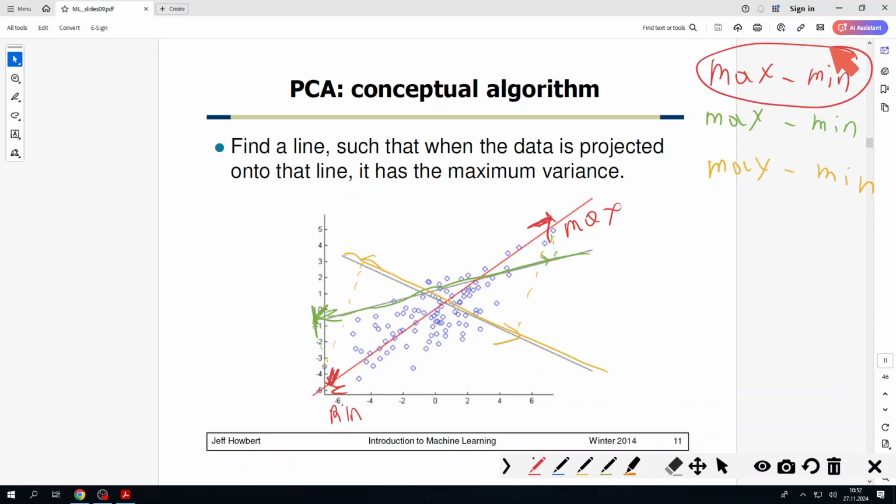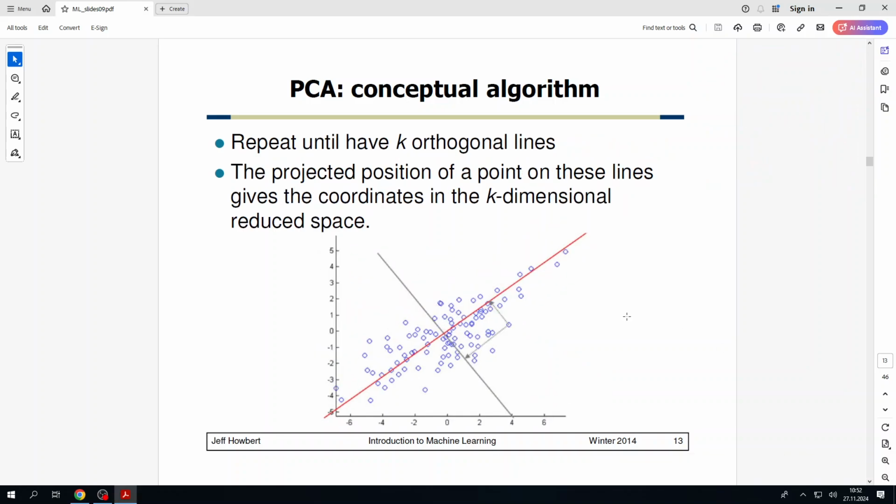So we also have some precise tools to actually consider that. That's how you construct one axis. After you have constructed this axis, your points are going to be distributed around this axis only.